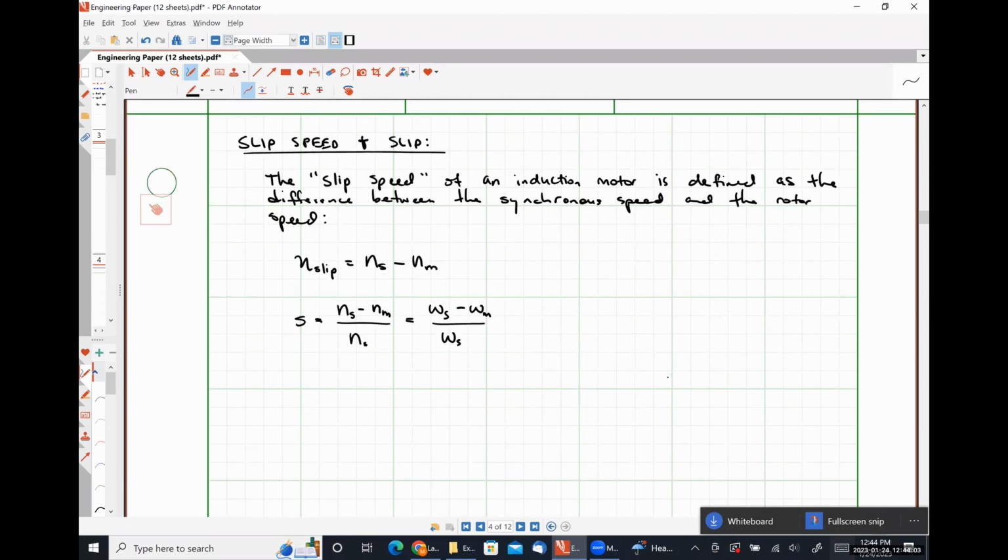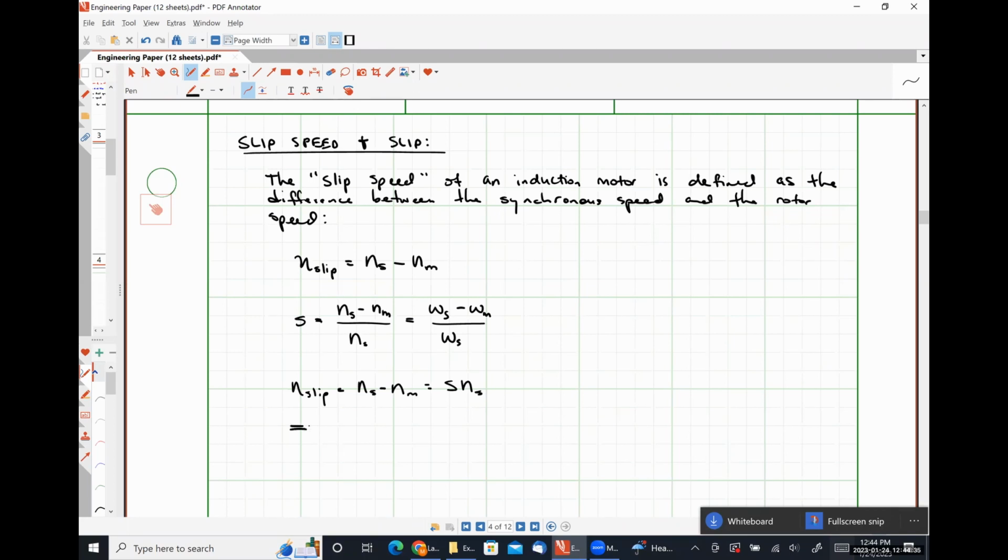All right, so we can manipulate this expression a little bit. So I can say that N slip is equal to NS minus NM. And looking at our bottom equation here, NS minus NM is just S, our relative slip or our fractional slip, times NS.